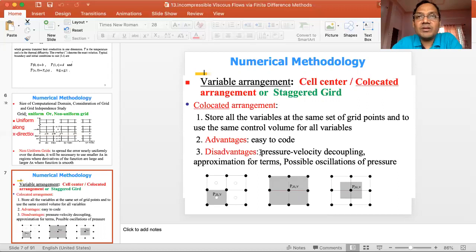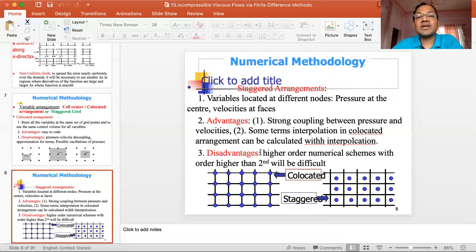For this problem you have only T, temperature, as the unknown. But if you solve the Navier-Stokes equation, you have U, V, P. Whatever unknown or dependent variables there are, all of them should be stored at the center of the cell. That is called cell center or collocated. It has the advantage of being easy to code, but the disadvantage that pressure coupling between the nodes is difficult.